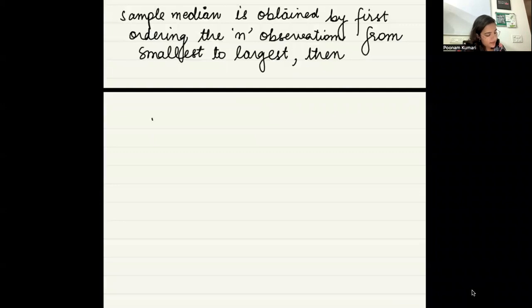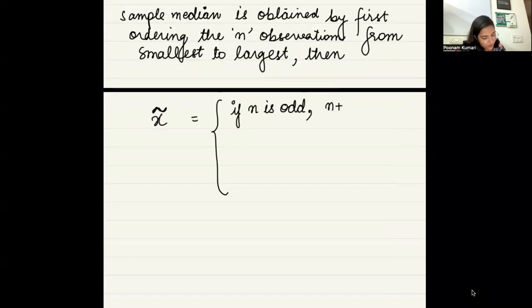First, sample median is represented by this term. Okay, this is the symbol for sample median. So if my number of observations is odd, if n is odd, then the sample median is the n plus 1 by 2th observation in that ordering.